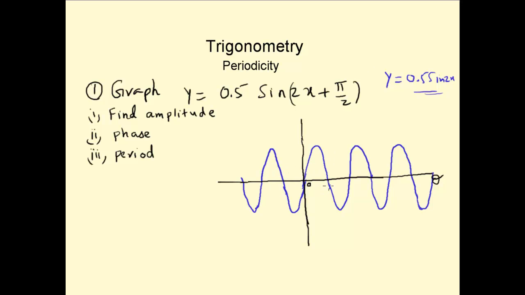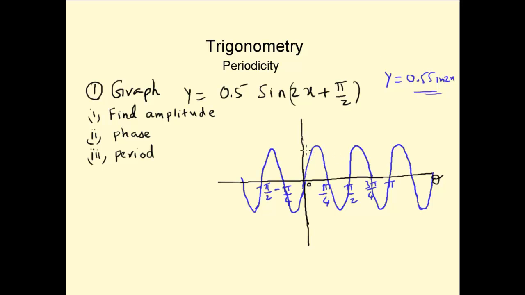So this would be 0, this would be pi by 4 for sine 2x, this will be pi by 2, this will be 3 pi by 4, this will be pi, and same thing, this will be minus pi by 4, minus pi by 2 and so on.